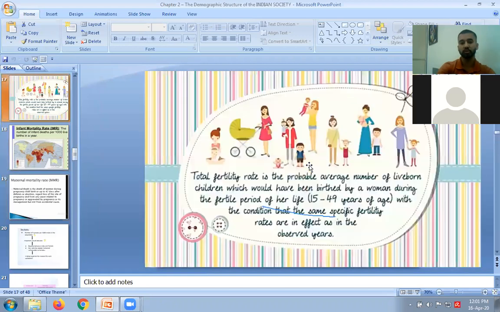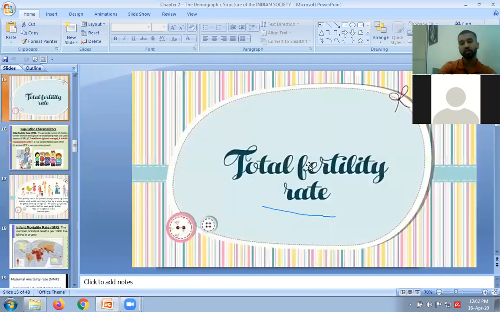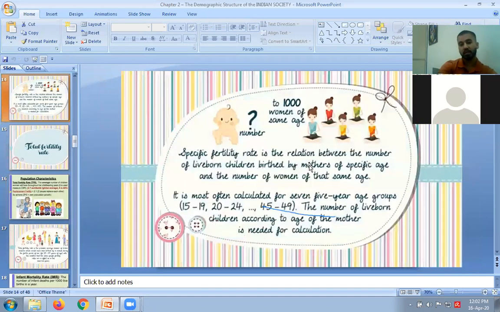Then I'm sure you have understood total fertility rate, that is, the average number of children which would have been birthed by women during their fertility years, 15 to 49. I'm sure you have understood, yes, total fertility rate. And I'm sure you have understood specific fertility rate. The difference between specific fertility rate and total fertility rate is that specific fertility rate can be understood sometimes in groups and sometimes as a specific age of women also.